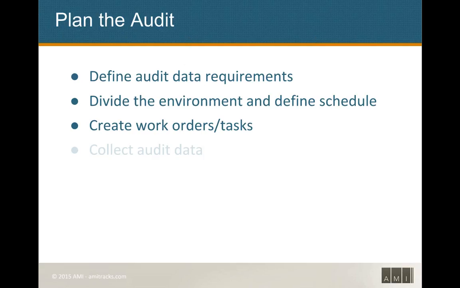Then we create 12 tasks, assign them to 12 different users, so that you can distribute that workload out to a number of data collectors, and have all of those tasks roll up underneath the same Dallas audit work order.